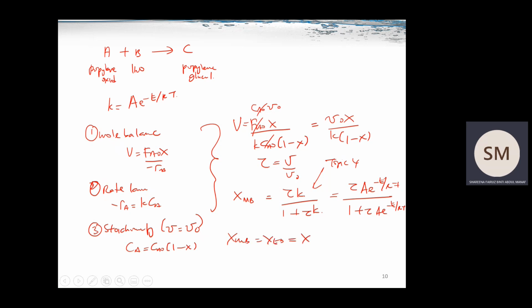Okay, so you have to do the next one is to get what is XEB. Okay, XEB is the conversion from the energy balance. So from the algorithm, after you combine it, you do extra calculation for energy balance. So this is adiabatic. Okay, so Q is 0 and we assume WS is equal to 0.